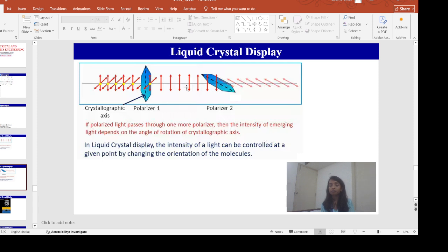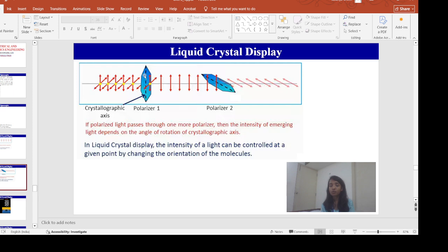By controlling the rotation of the crystallographic axis of the second polarizer, we can control the intensity of the light. You can see as we move this polarizer, the crystallographic axis of the second polarizer is changing, and accordingly our intensity will change.